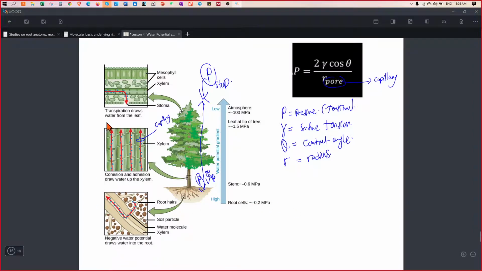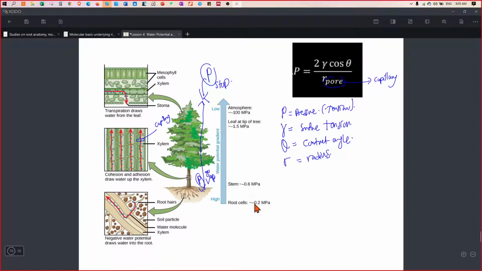So the movement of water going upward, again, remember, the root cells have water with relatively high water potential. Then it goes to the stem, and the water will have reduced water potential.